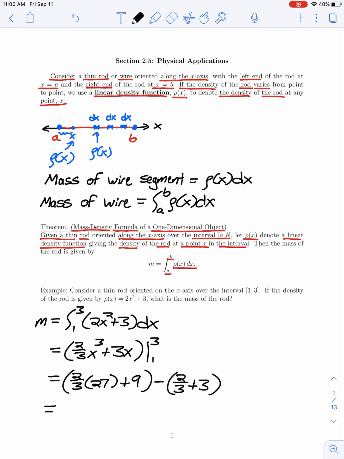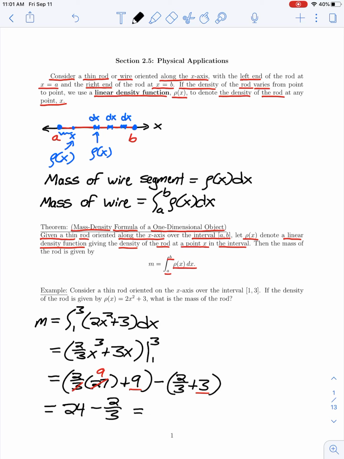So let's see what we're left with here. Our 2/3 times 27, well, if I cancel one factor of 3, this would be the same as 2 times 9, or 18. Plus 9 would be 27, and then we're subtracting a 3, which would give us 24, and then we're subtracting a 2/3.